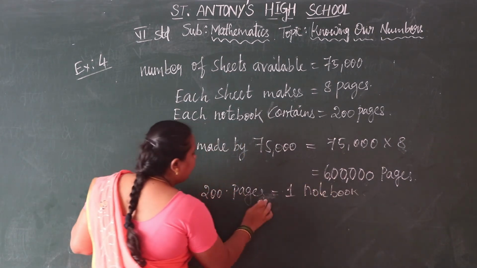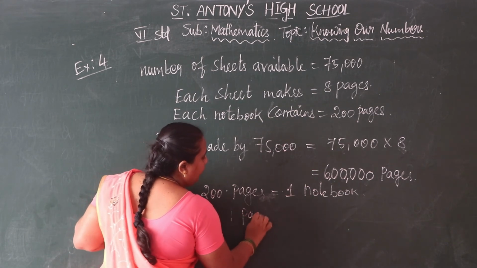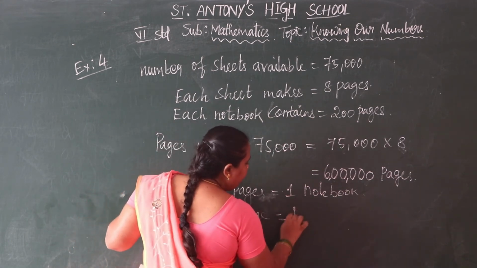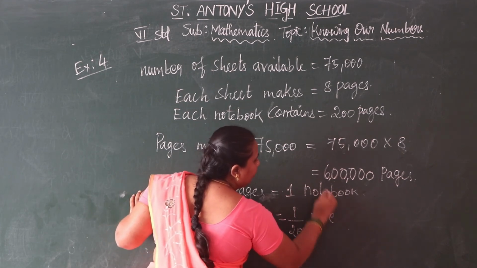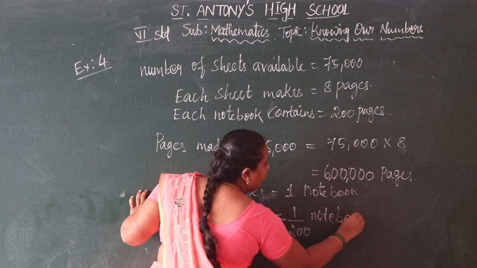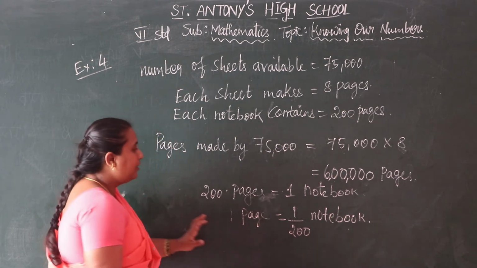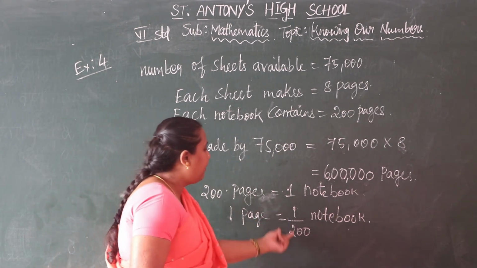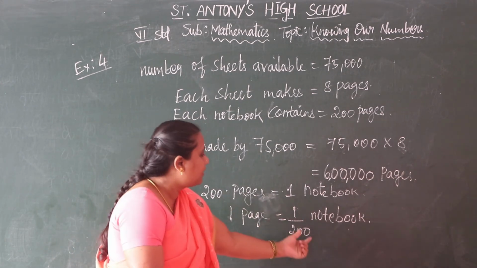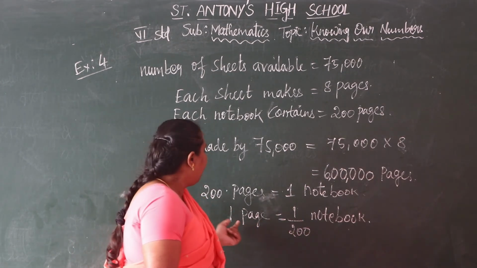So 1 page equals 1 by 200. Okay, this method is very easy to do. So this 200 comes inside as division.